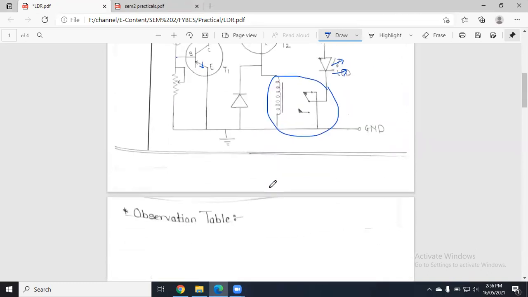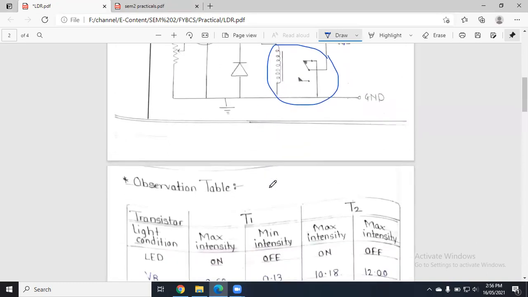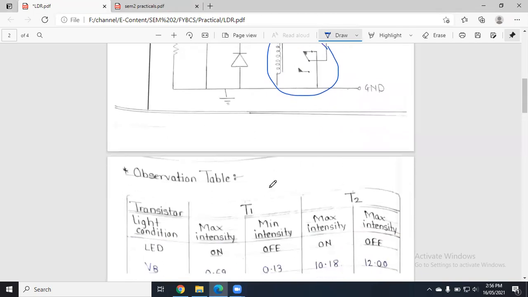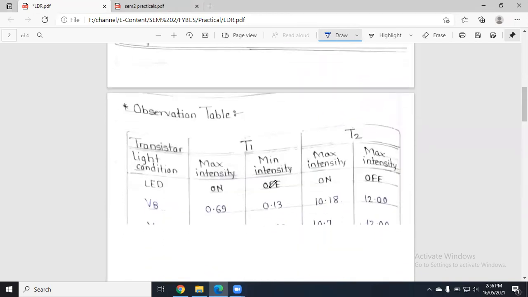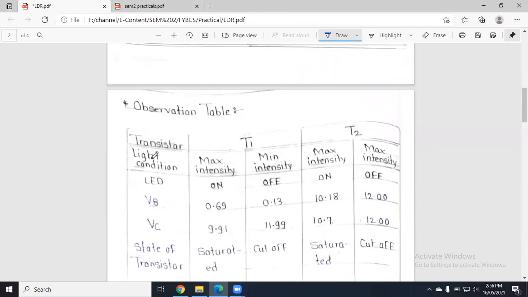Now we'll see the observation table, what we have to give as an input and what we are going to measure at the output. We have the light conditions. After that, we have two transistors T1 and T2.